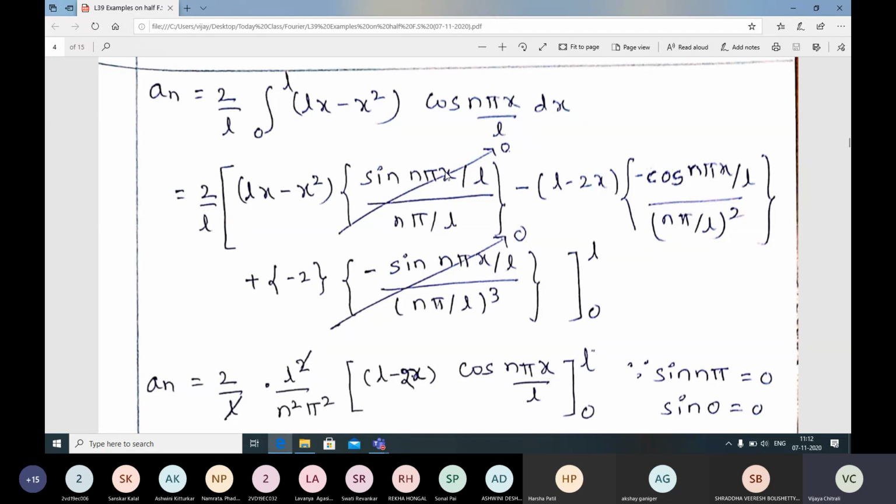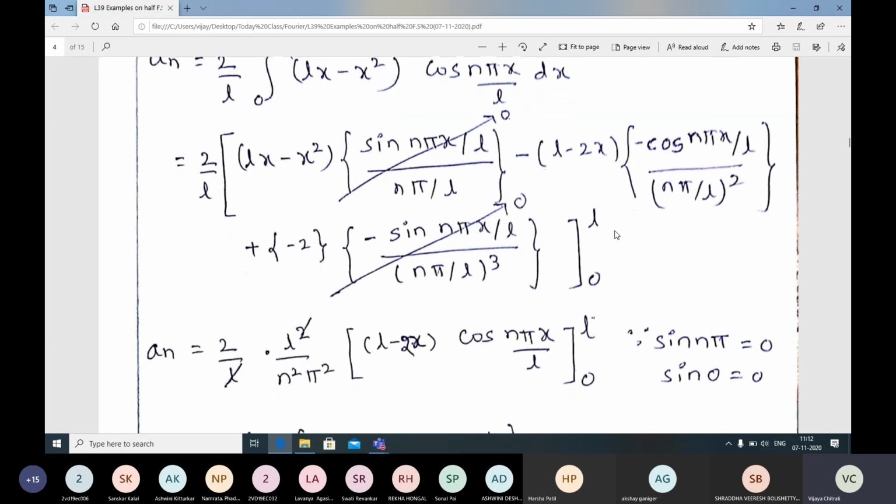Now substitute the lower limit 0: sine n pi into 0 is sine 0, and sine 0 is 0. So I'll get these two as 0, and apply limits for only this one.